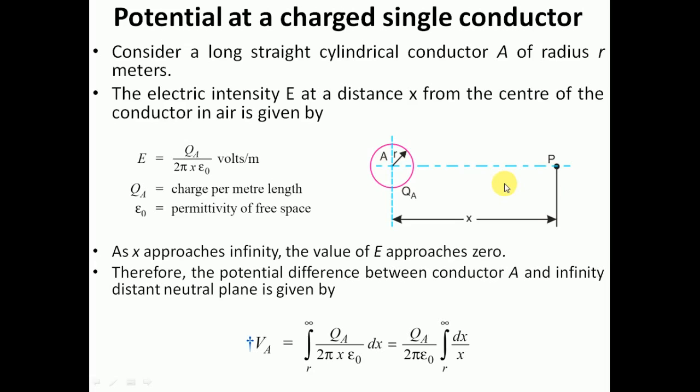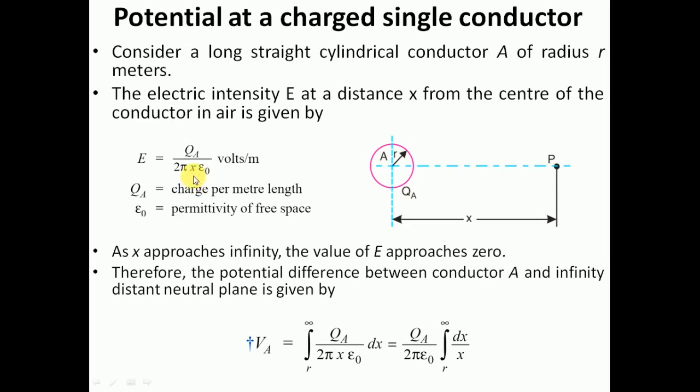Hence the Gauss law can be written as epsilon 0 Ex 2 pi x into 1 is equal to the net charge enclosed, that is Qa. The epsilon term has been replaced by epsilon 0 due to the presence of free space in the Gaussian surface. Now from that relation we can easily write the relation for E, that is electric field intensity, as Qa by 2 pi epsilon 0 x.